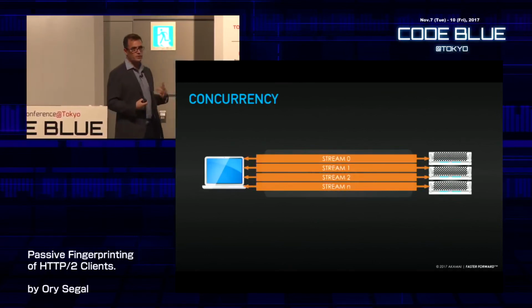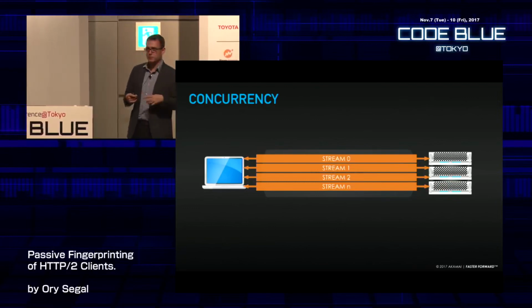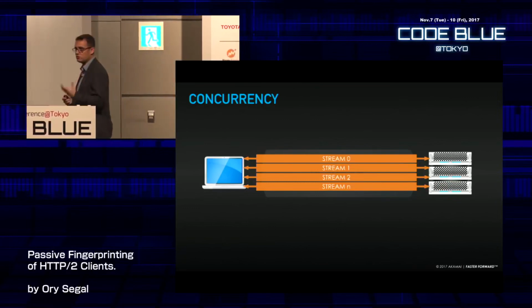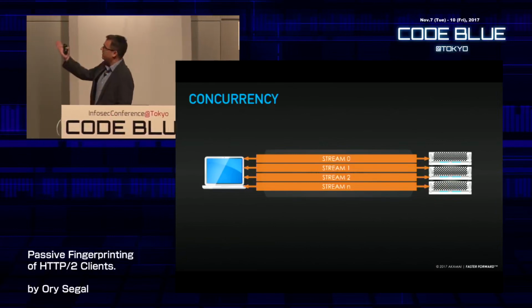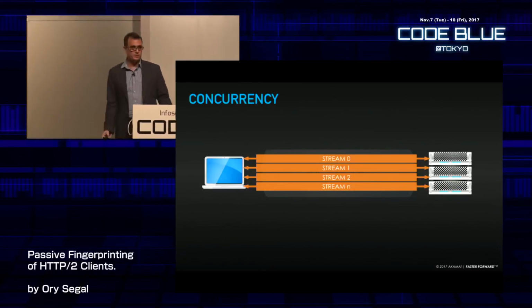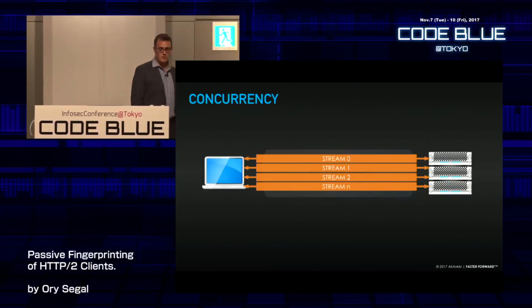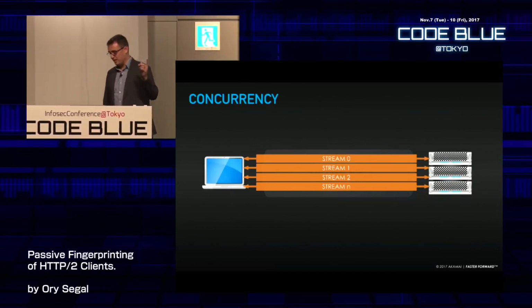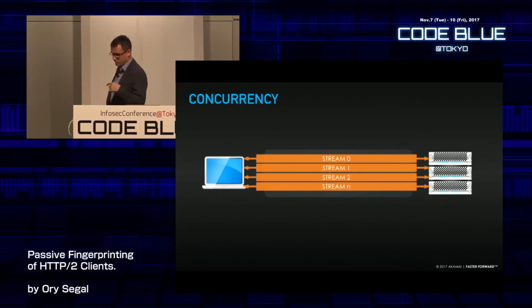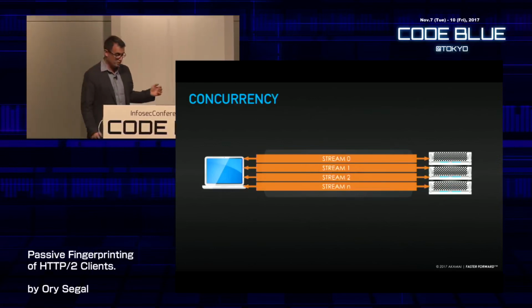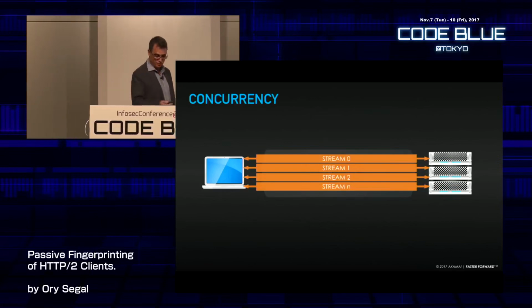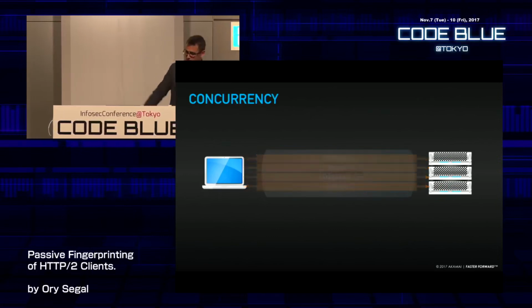Clients and server can define in the beginning of the session how many streams they support. And the streams are numbered from 0 to n. Usually the client uses the odd numbers, and the server uses the even numbers. I might be mistaken. If you catch this mistake, I apologize.